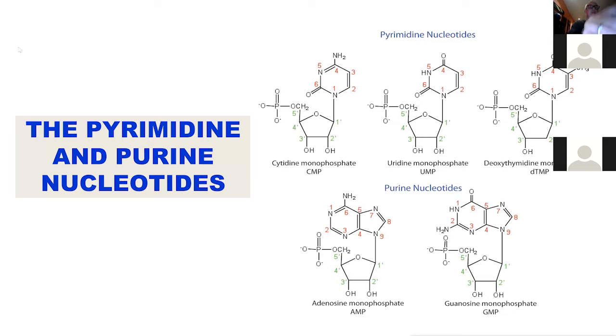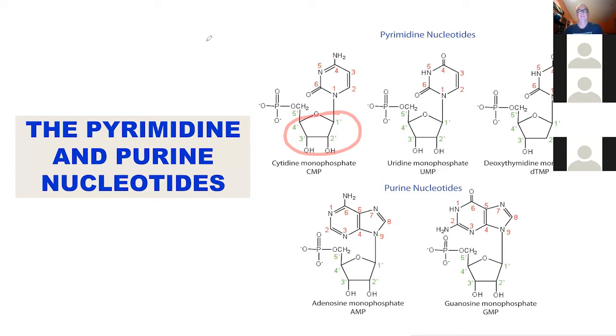So these are what the nucleotides look like. And this is where we join together the sugar part. So here's the sugar. Which sugar is that? Is that the ribose or deoxyribose? Deoxyribose.